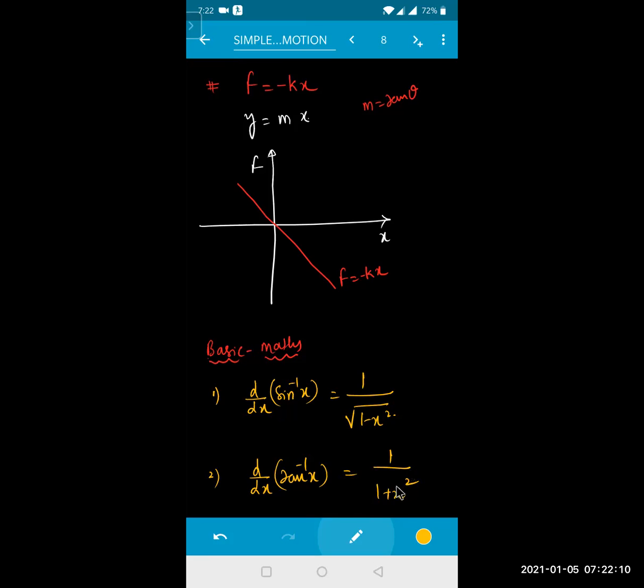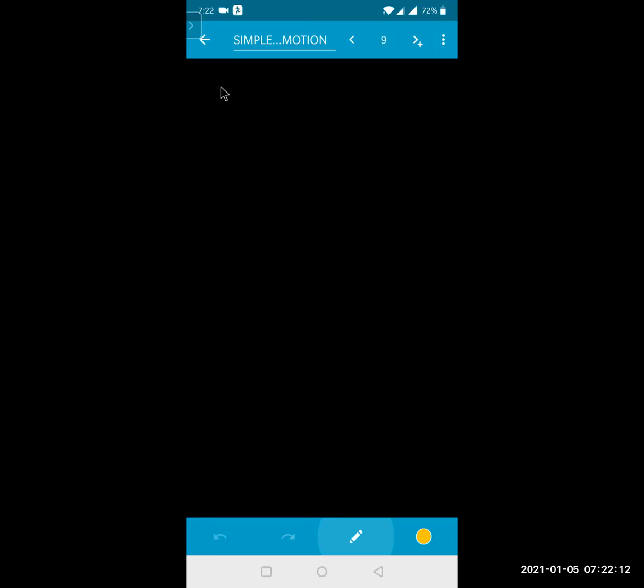In the same way, d by dx of secant inverse of x will be equal to 1 by x into under root of x square minus 1.